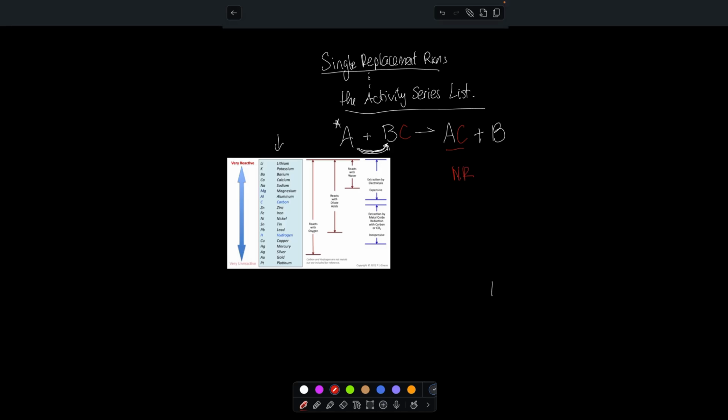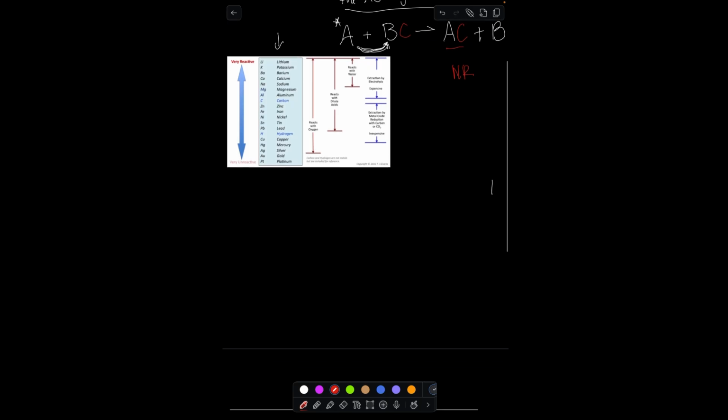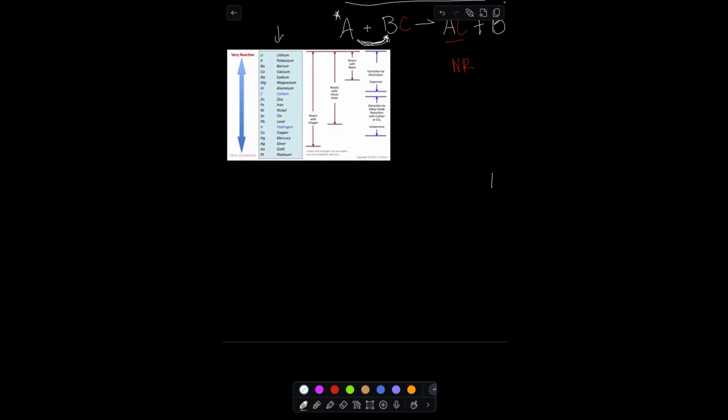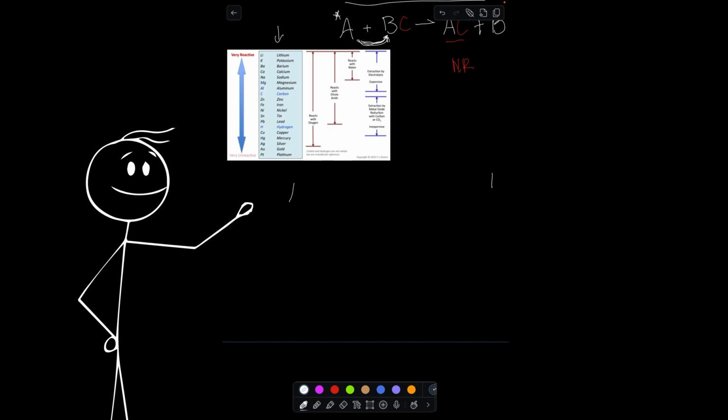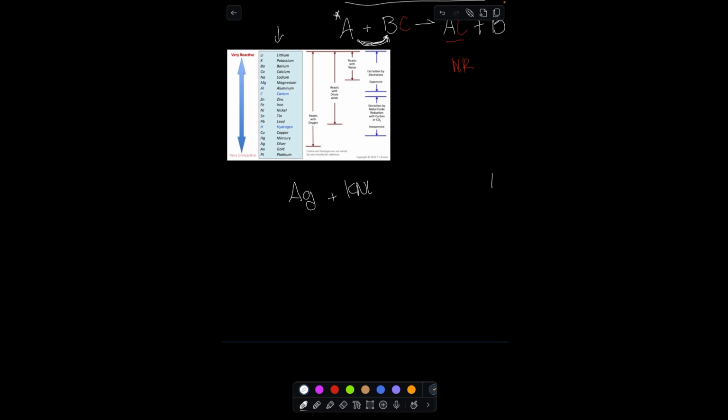All right, understanding this, let's do a couple problems. So the first one that we have is Ag plus KNO3, potassium nitrate. An element that's very important is that you have to understand the two parts of your ionic compound.